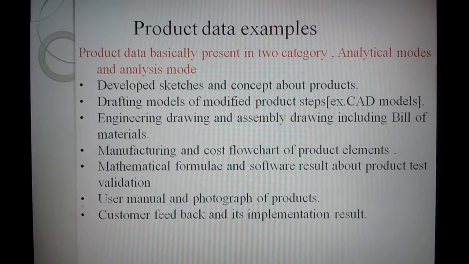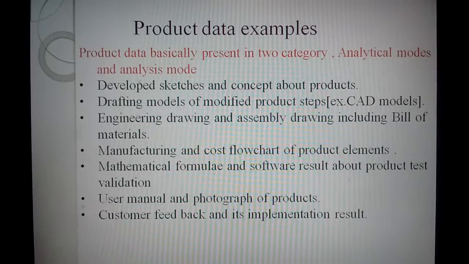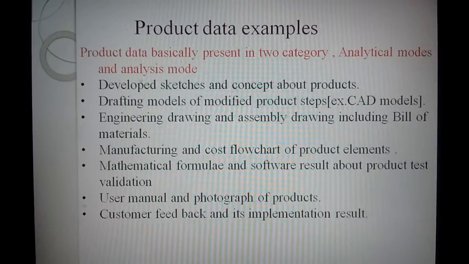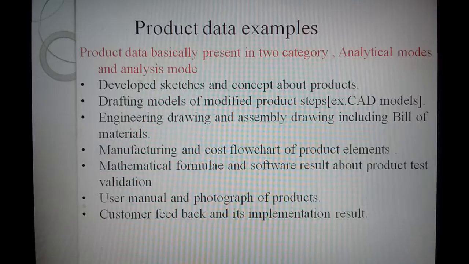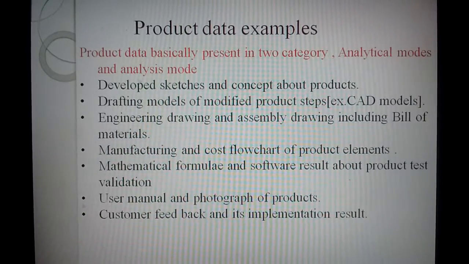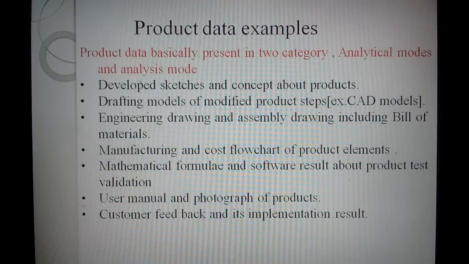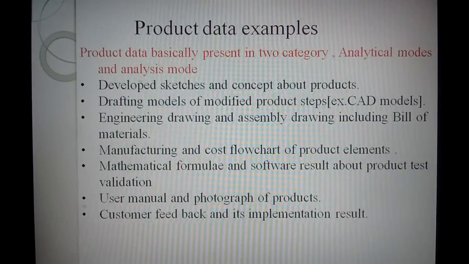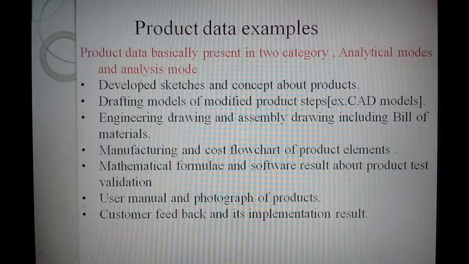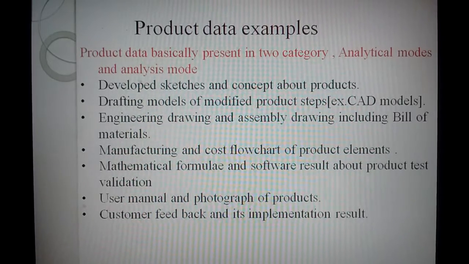So why is product data required for each and every industry? The manufacturing of the product is constant for the industry, but designers and engineers are not a permanent part of that industry.